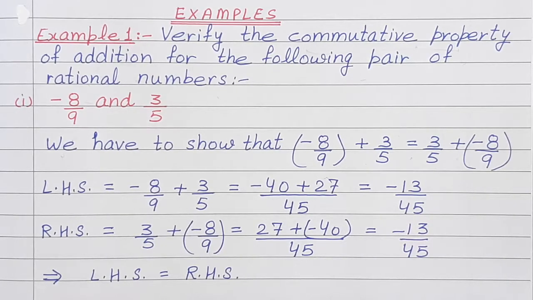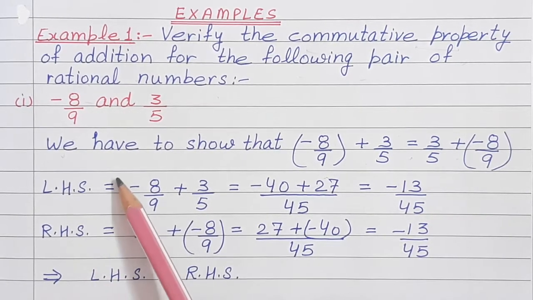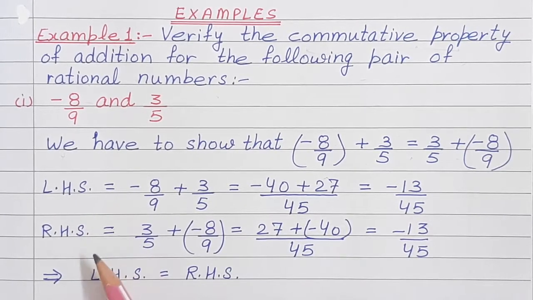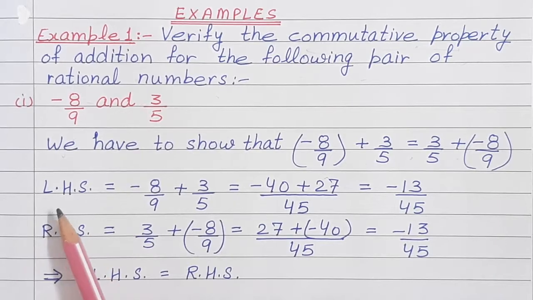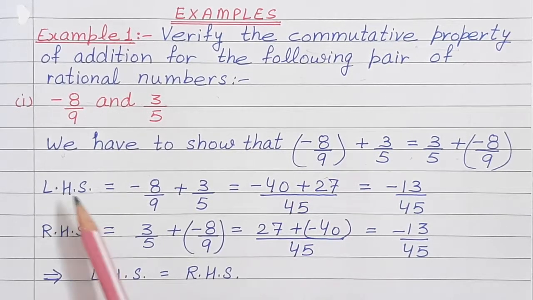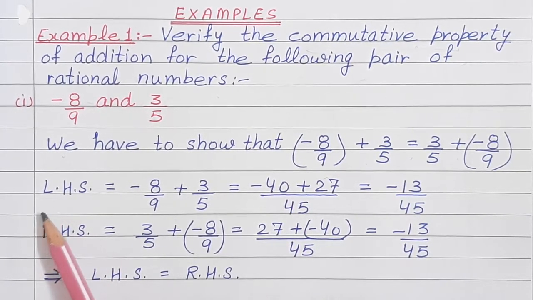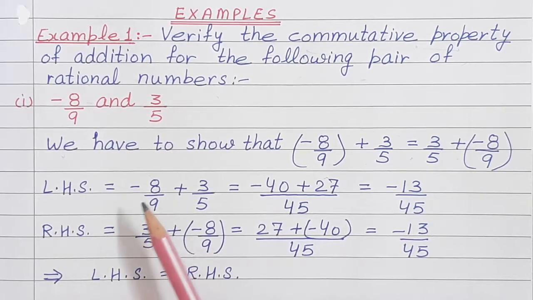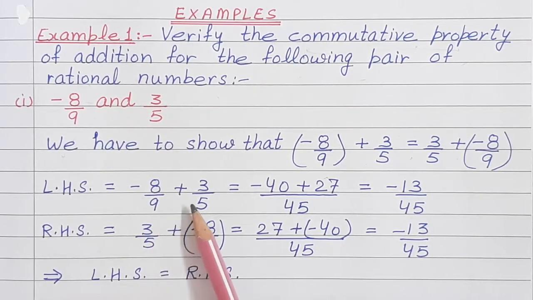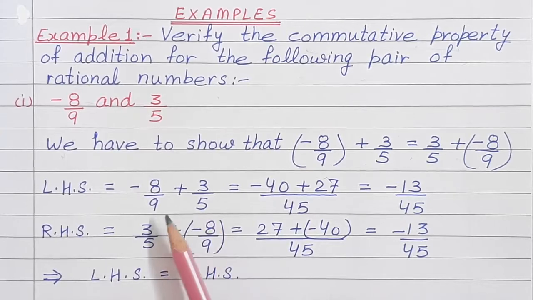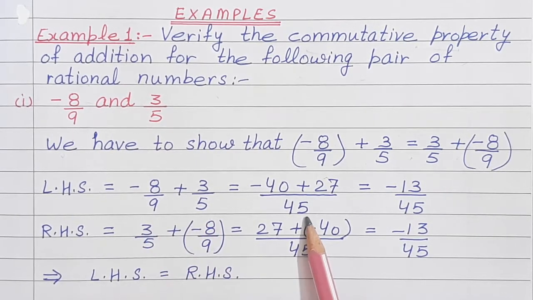Now students, it is very important to solve the left hand side and right hand side separately, right? So let us solve the left hand side first. Now in the left hand side, minus 8 upon 9 plus 3 upon 5. Now the LCM of 9 and 5 is 45.